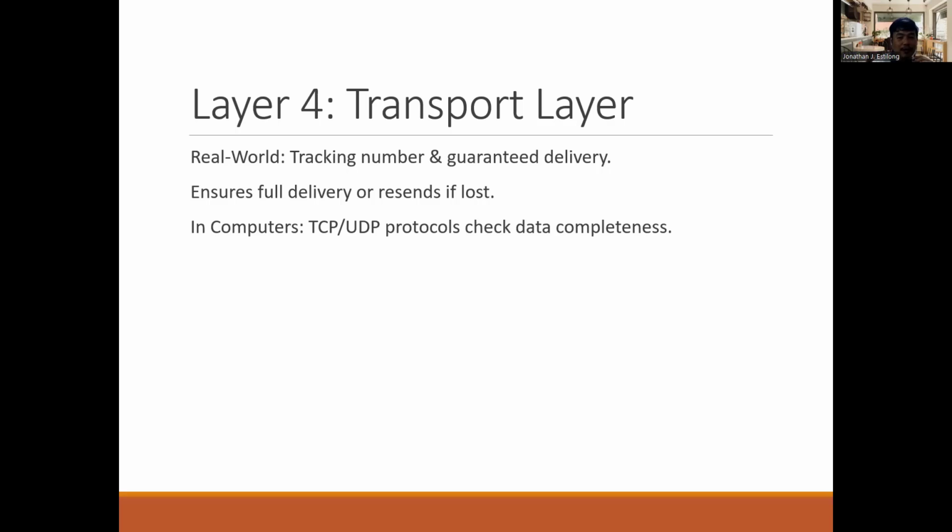Layer 4, transport layer. This layer ensures the letter arrives safely, completely, and in the correct order. For example, you put a tracking number on the letter or use a delivery service that guarantees safe delivery.